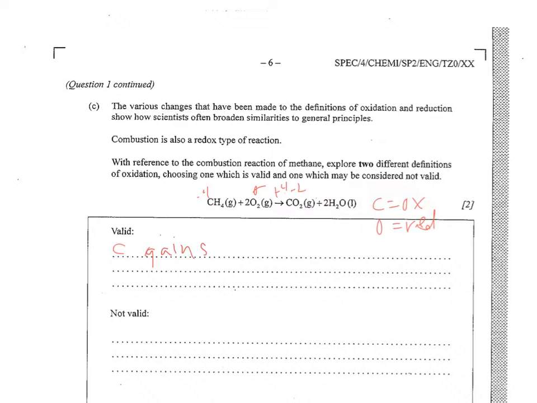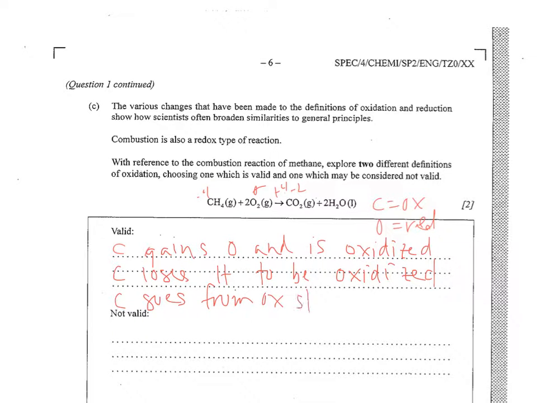Carbon gains oxygen and is oxidized. That's an old definition. Another thing we could say is carbon loses hydrogen to be oxidized. Or another valid statement would be carbon goes from oxidation state -4 to +4, showing it's oxidized, or showing oxidation.